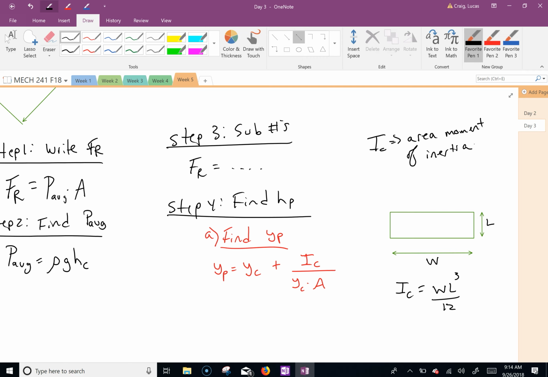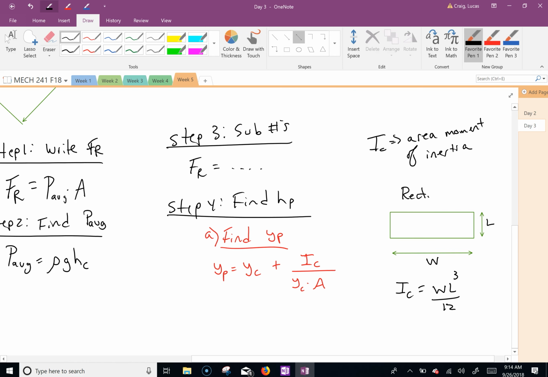Okay. Rectangles. This is the equation you use. Circles, triangles, you name it. All shapes and sizes have a different distribution of mass around the centroid, and you just look them up in your book. Okay? So if this is a rectangular wall we're dealing with, we'd use that right there, W L cubed over 12.